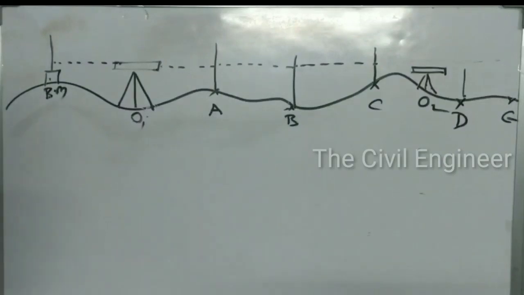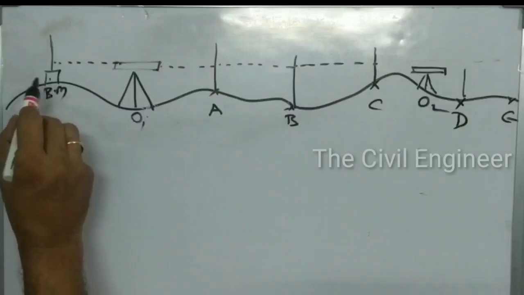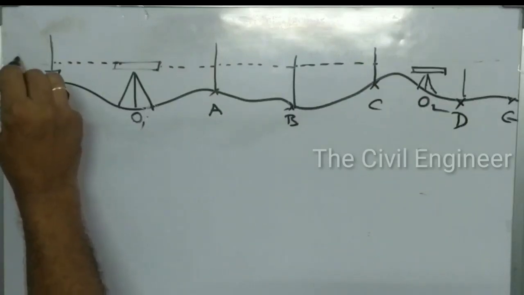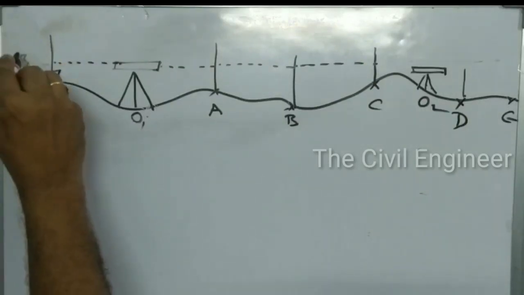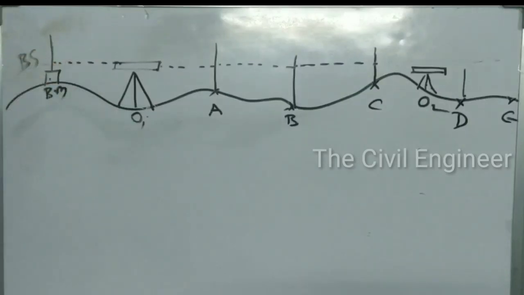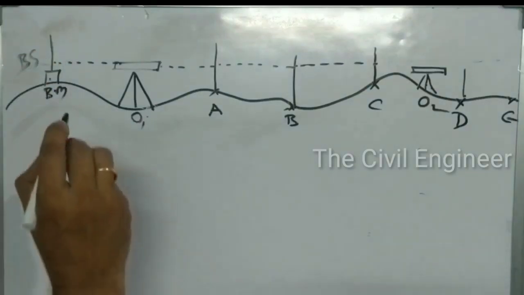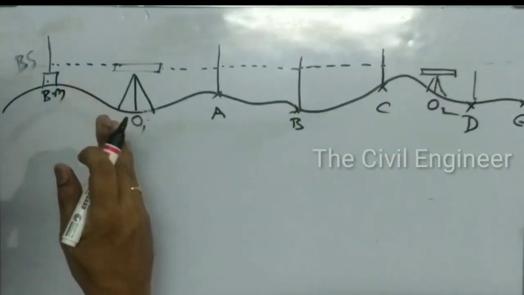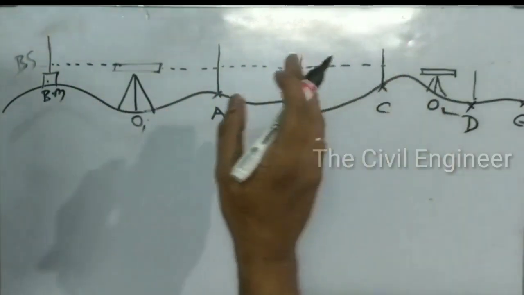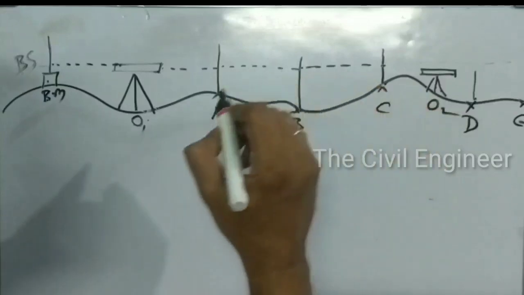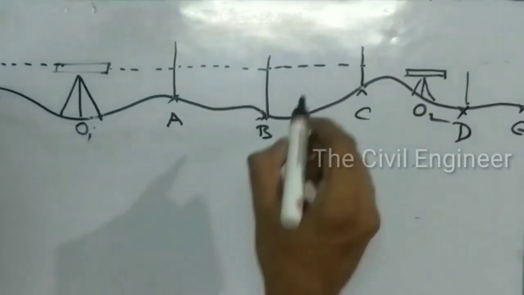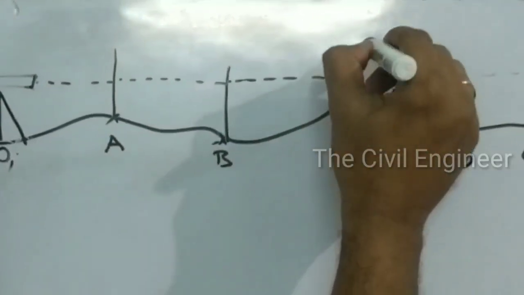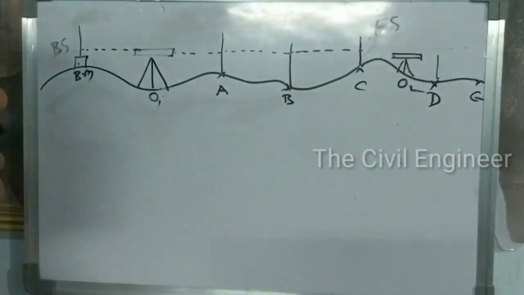Now coming to the readings, the first staff reading which was taken on the benchmark is termed as backsight. The last staff reading before shifting the instrument from station O1 to O2, that was taken on the station point C, is termed as foresight.